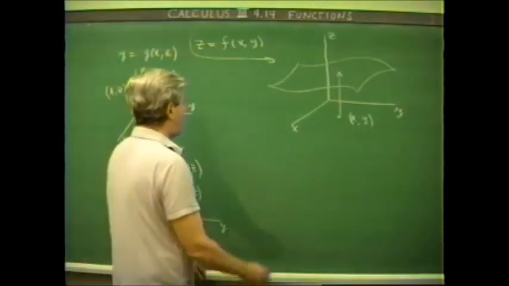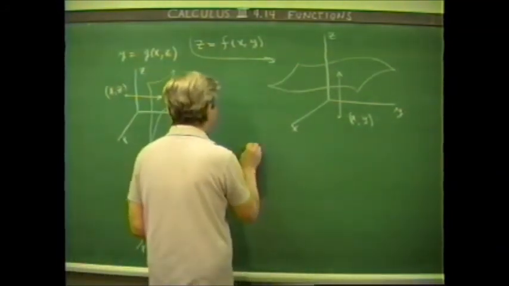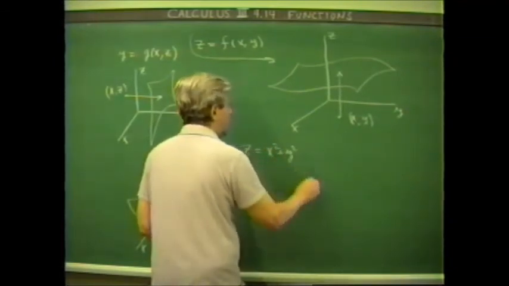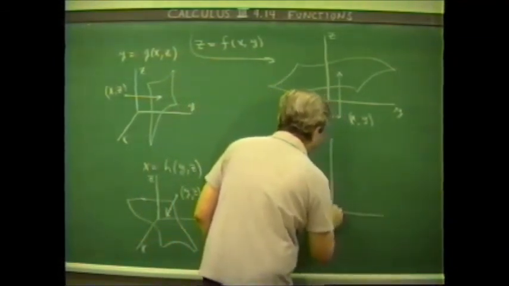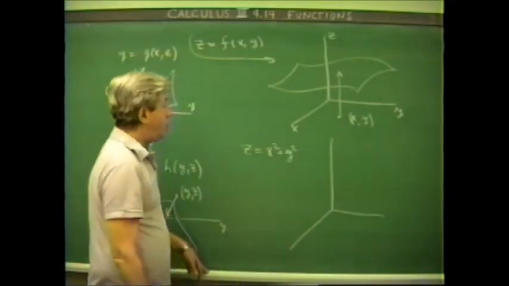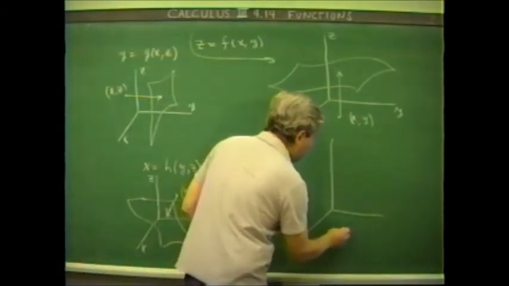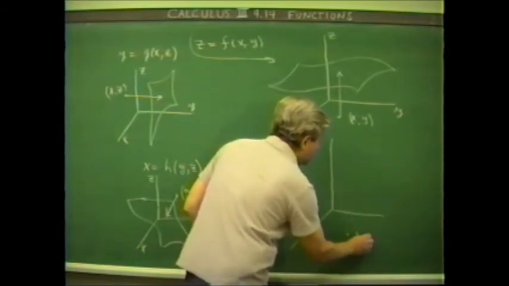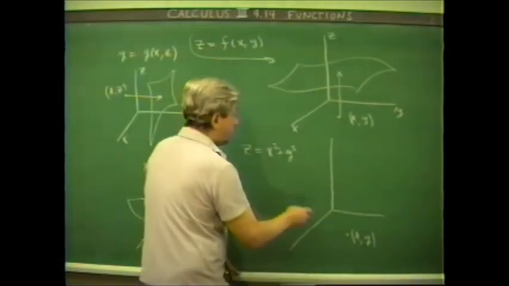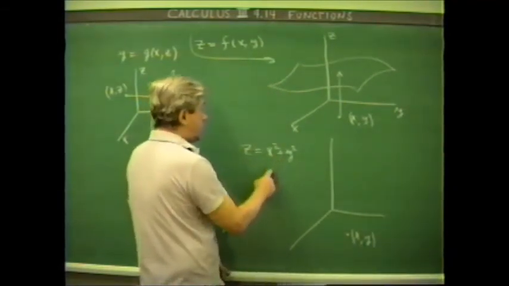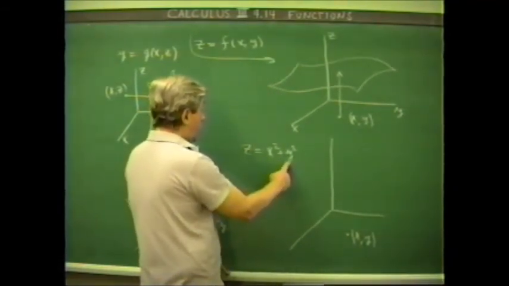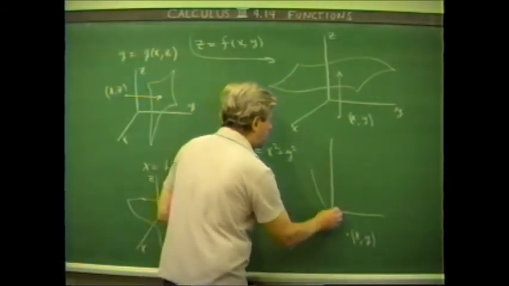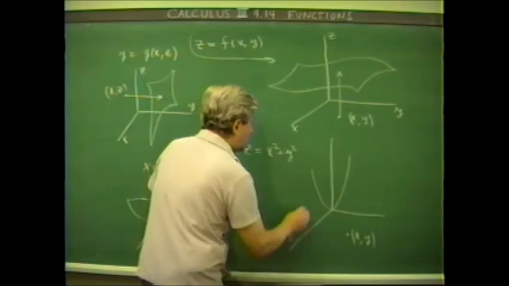An example that we've already looked at of this form right here is, let's say z is equal to x squared plus y squared. For each x and y, there's exactly one z. And in particular, if we take a look at a point x, y here, the z is positive. If we look at the traces here, for example, when y is equal to 0, we get a parabola in the xz plane.